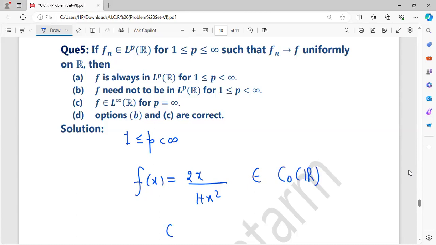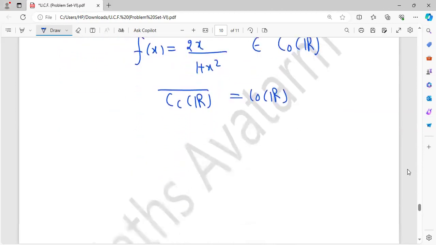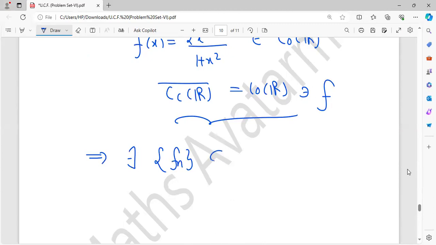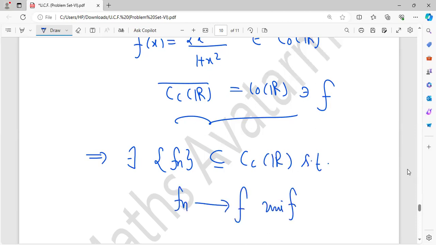And we know that Cc(R) is dense in C0(R). So what is the meaning of this? Because this f belongs to C0(R), there exists a sequence fn in Cc(R) such that fn converges to f uniformly.